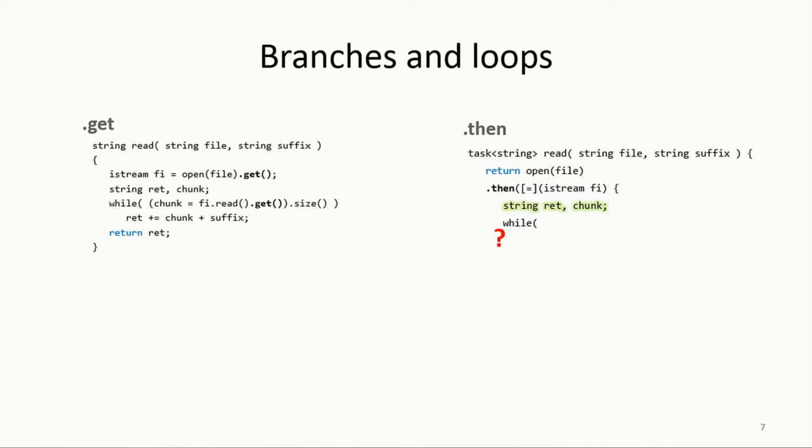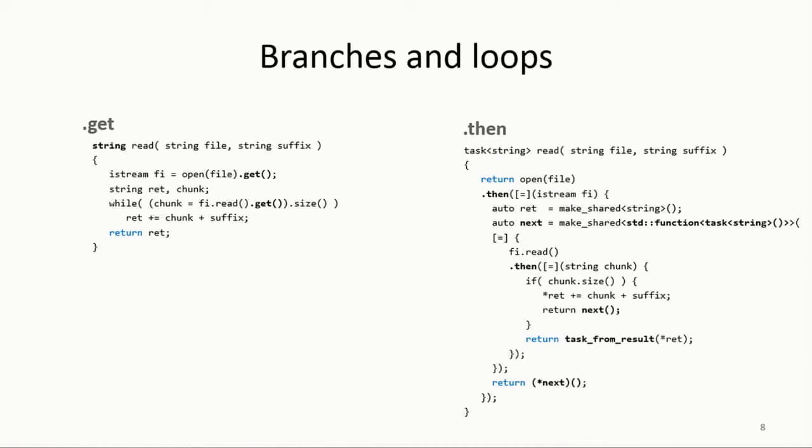You can't actually do that in a loop because a continuation is a new function. So it turns out, in order to do that, you change your loop into a shared pointer of a std function, which you give a lambda that you append yourself into. So you change your entire loop into a recursive function.